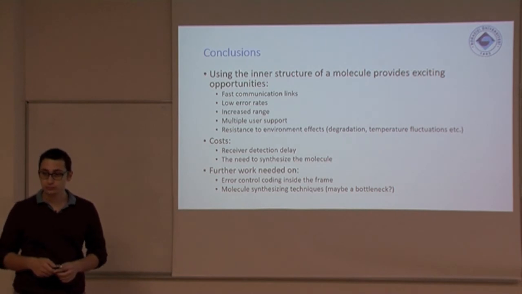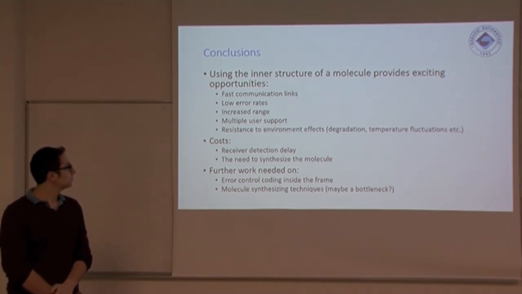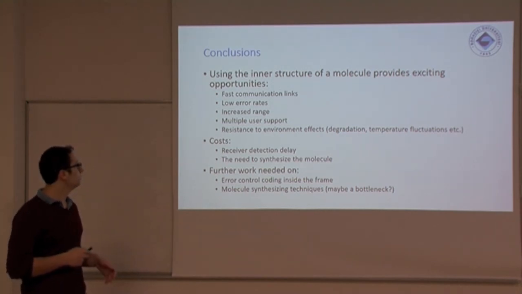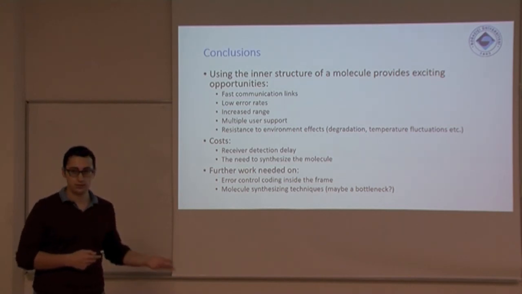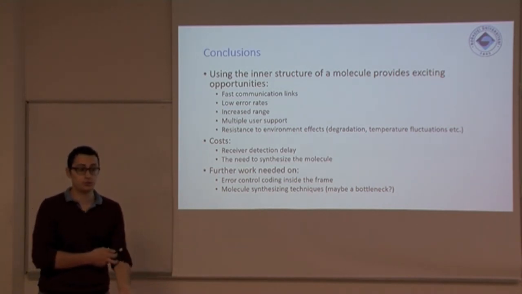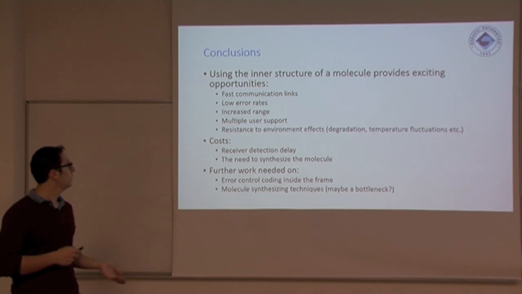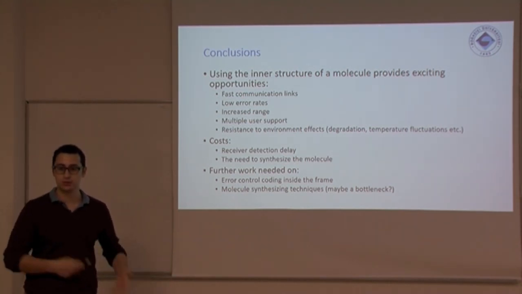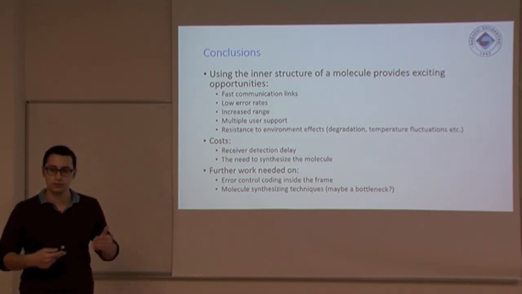Overall, we've talked about a system named molecule as a frame that uses the inner structure of a molecule, and we've seen that it provides really exciting opportunities for the molecular communication world. The first is faster communication links, because the channel response hinders us from going faster.